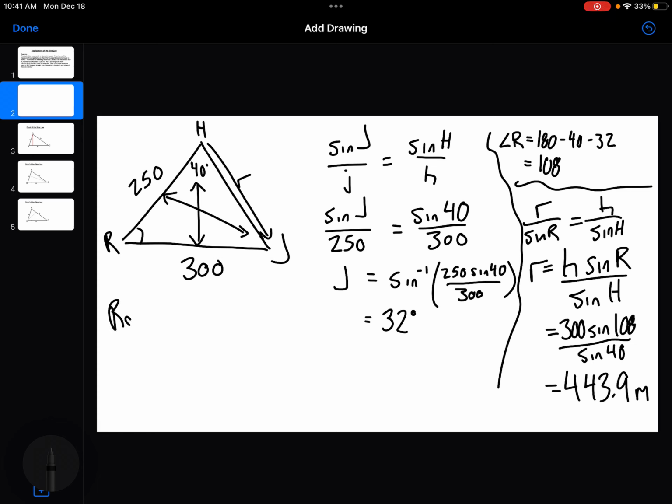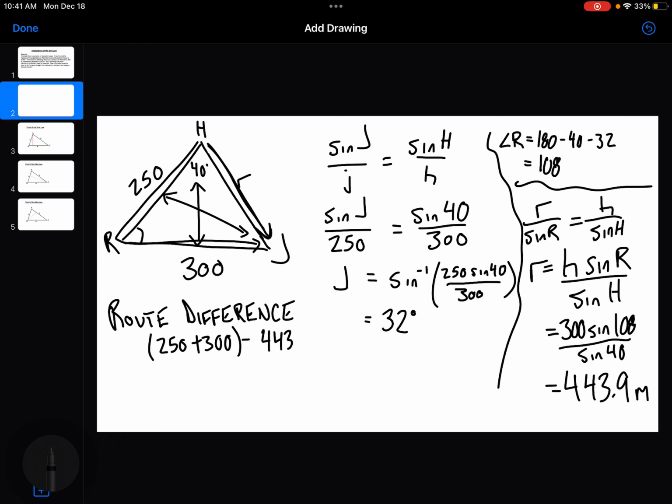So the route difference is going to be 250 plus 300 minus what we found. So I'm taking this distance and minusing away this distance, minus 443.9.